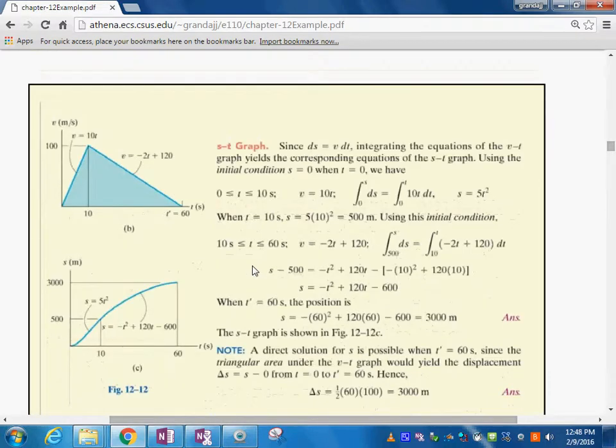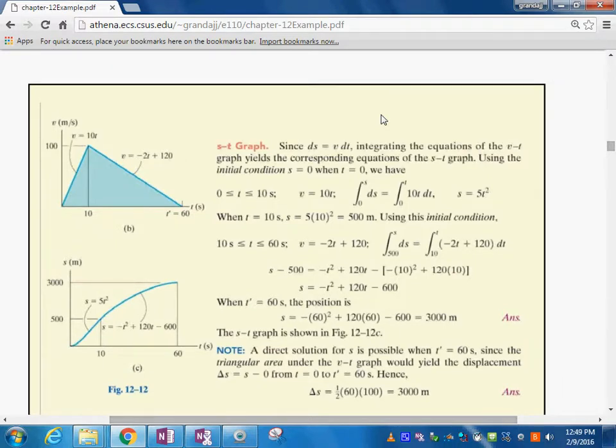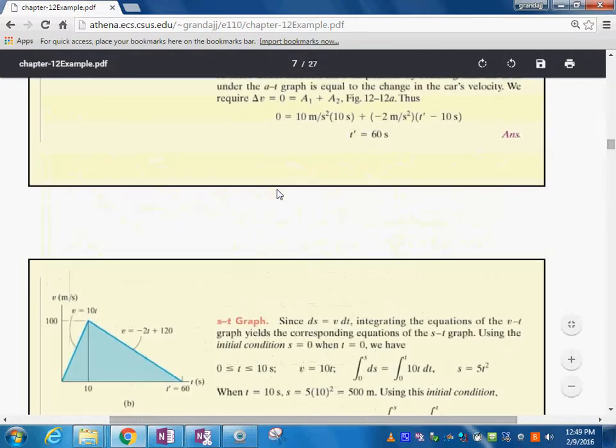So between 0 and 10 seconds, which is this one here, if you have v is 10t and you have 0 to 10, to get the position, this would be 10t dt.